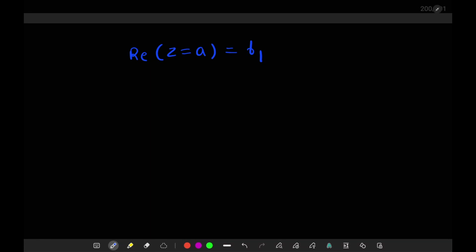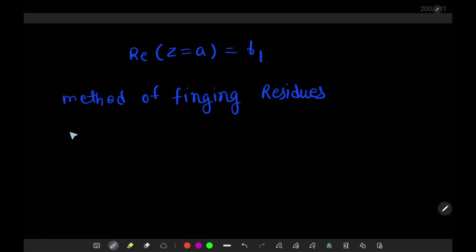Now another method for finding residue. Methods of finding residues. The first method is residue at a simple pole.